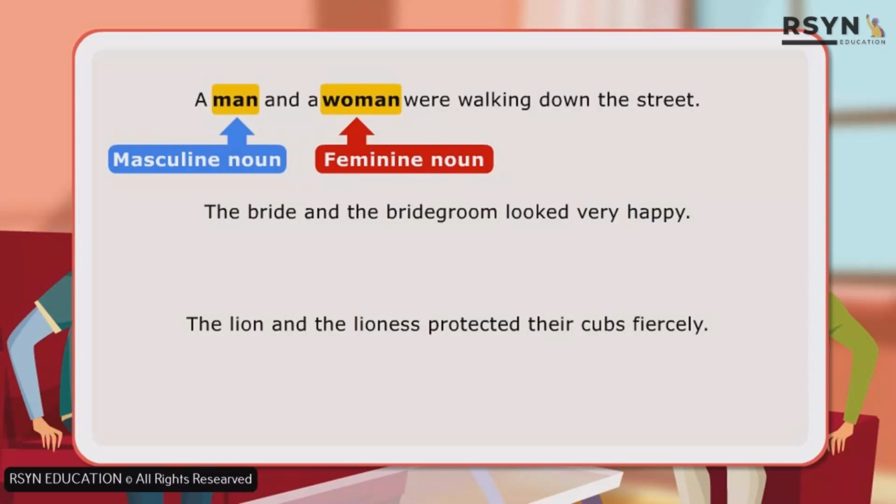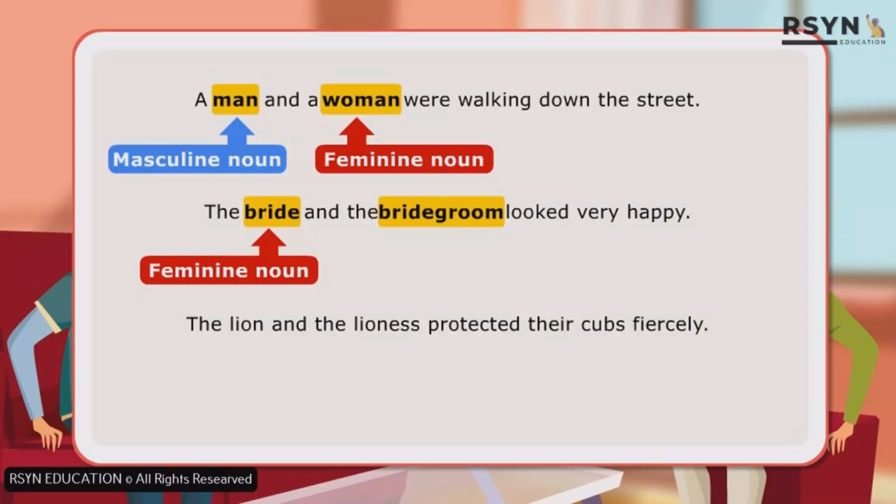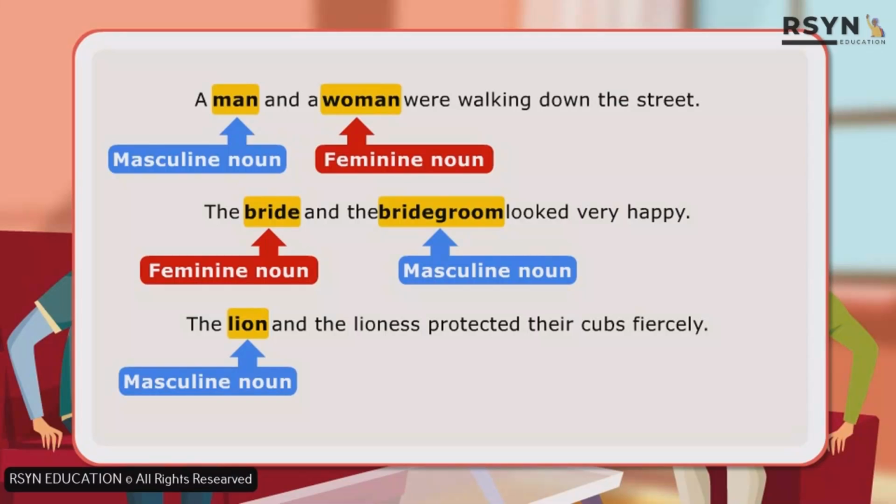In the next sentence, bride is feminine being female and bridegroom is masculine being male. In the third sentence, lion is male and so a masculine noun, while lioness is female and so a feminine noun.